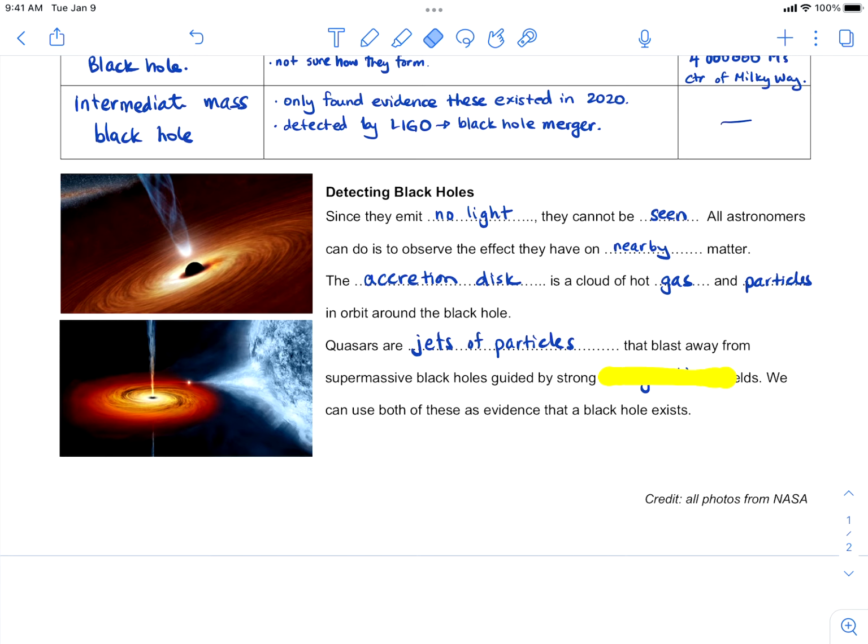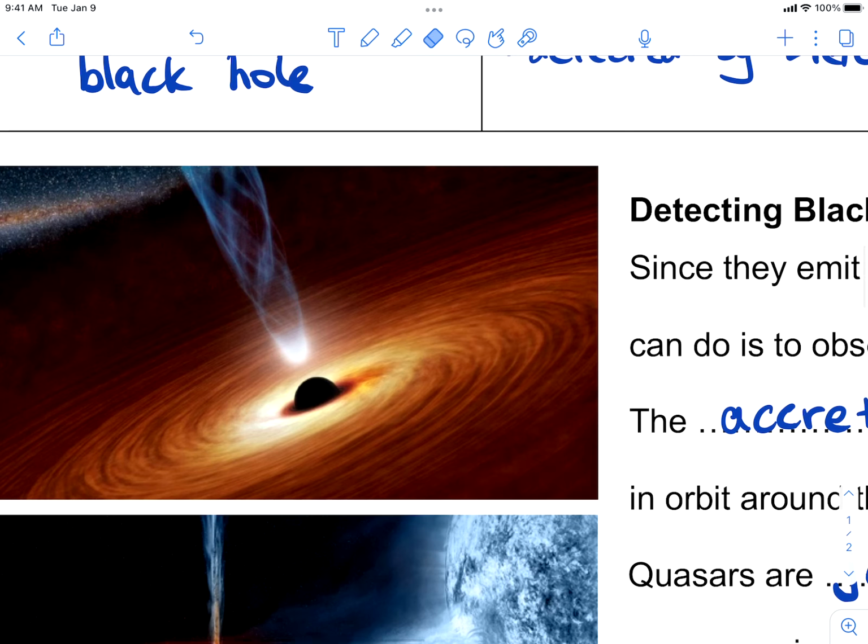You can see in the diagram, this is an artist's interpretation of course, these swirling gases. This is because of the magnetic field that the black hole has. And so the event horizon for this black hole would be somewhere in here.